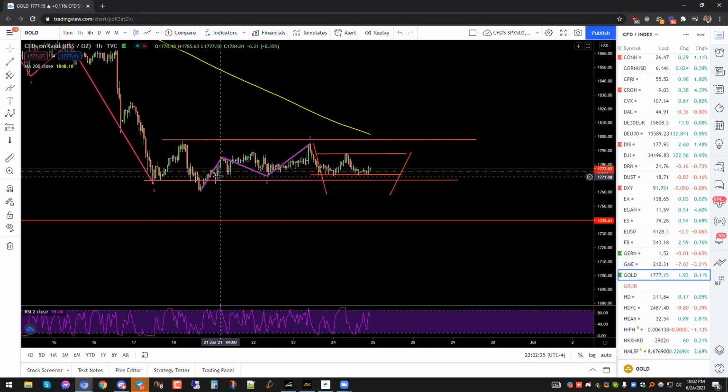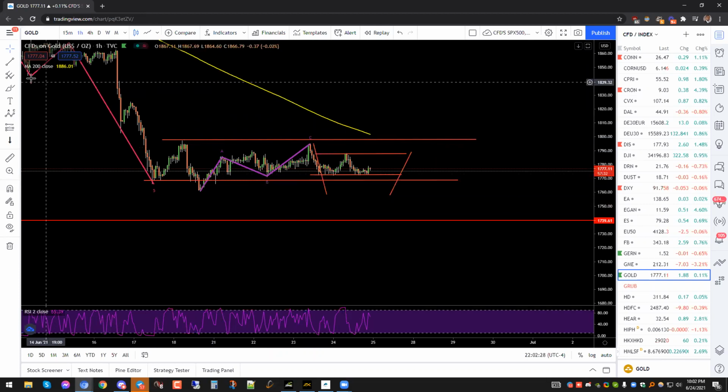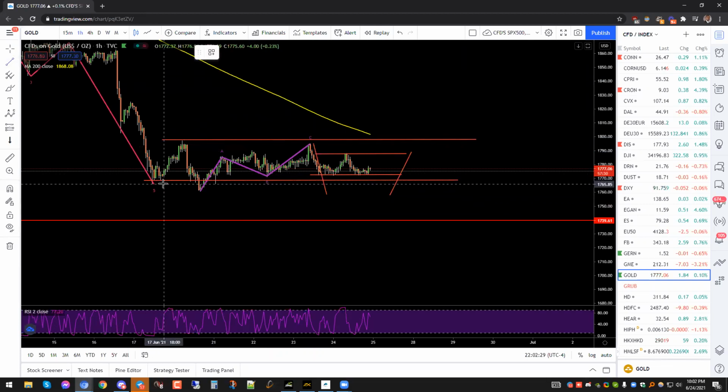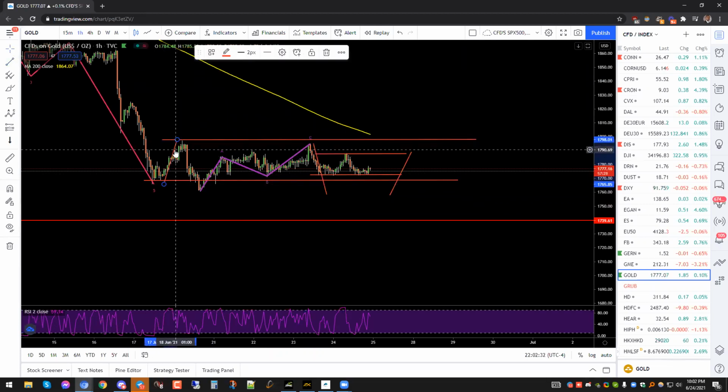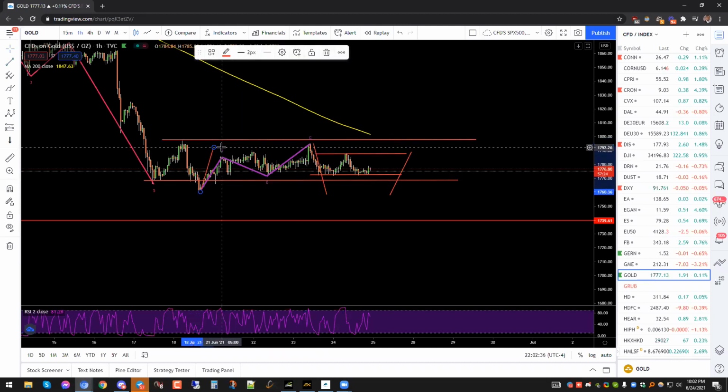And if you're looking to get that, all you're looking for is this wave. From here, you're looking for that measurement. As you can see, price almost makes the exact measurement, just a few pips more. So you exit your trade and you look for your next position.